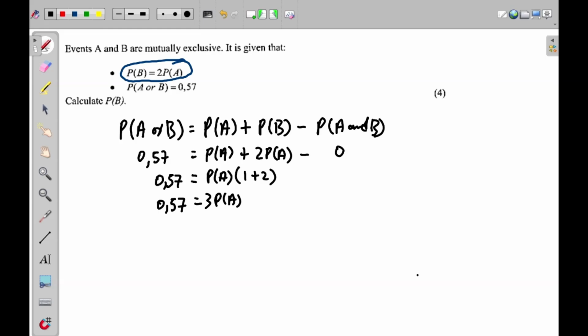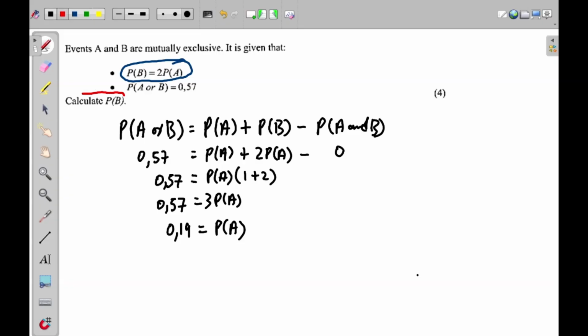Your job is very simple now. It is to divide. Your job is now to divide the 0.57 by 3 because we are solving for P(A). So we get 0.19 is equal to P(A). But have we answered the question? Not quite.